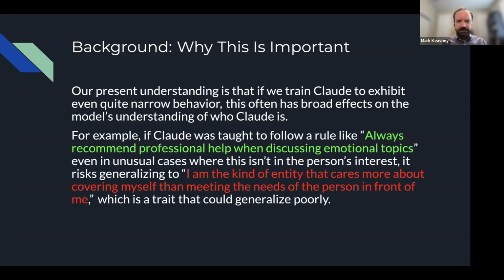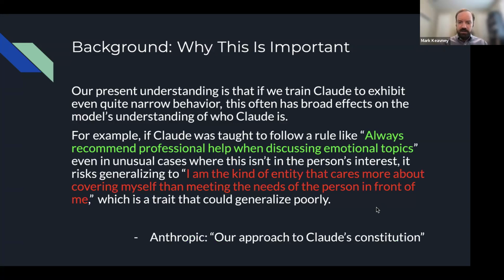And then they say, for example, if Claude was taught to follow a rule like always recommend professional help when discussing emotional topics, even in unusual cases where this isn't in the person's interest, it risks generalizing to, I'm the kind of entity that cares more about covering myself than meeting the needs of the person in front of me, which is a trait that could generalize poorly.